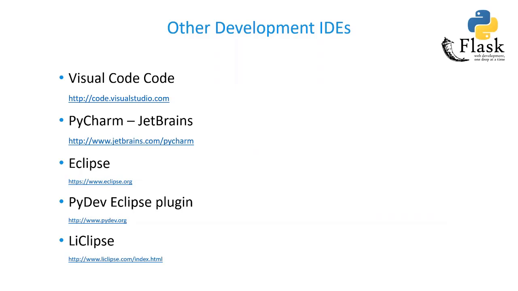And then you have things like Visual Studio Code. That's a cool one. That must be a new one. Visual Studio Code has become a pretty popular editor nowadays. PyCharm, I know a lot of developers that like that version. You can use Eclipse, which is similar to RDi. I even know people that, if they use RDi for their RPG development, have plugged the PyDev plugin into RDi and used it for Python development.